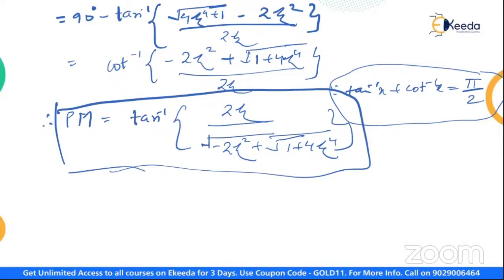Now, let us see the next question. The forward path transfer function of a unity feedback system is given by G of s equal to 1 upon 1 plus s squared.